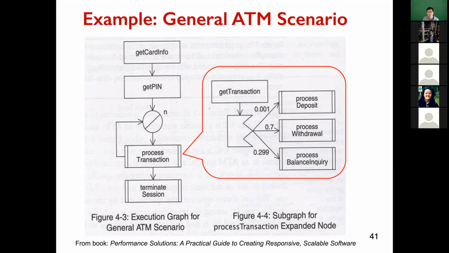And 0.7 is the probability that get transaction will be followed by process withdrawal. Okay. And then after this whole process transaction node, we have a terminate session. Okay. So this is a simple execution graph. We see 4 types of nodes: basic node, repetition node, expanded node, and also case node, right? So I want you to remember these 4 types, okay?